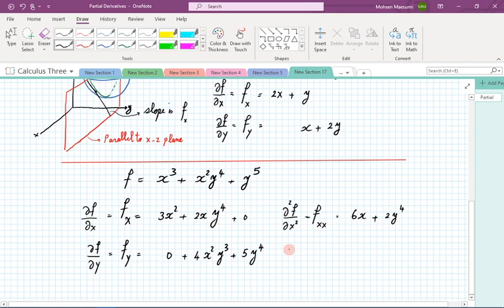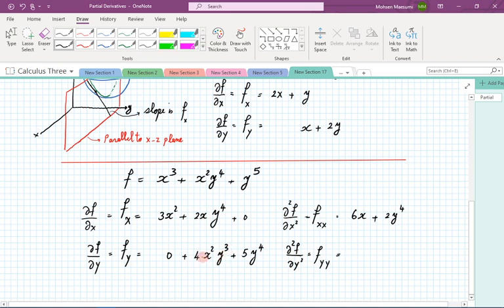What if I wanted to do the same thing here? Second partial of f with respect to y, or written in another way, f_yy. So I take a derivative of this thing with respect to y. What would that be?